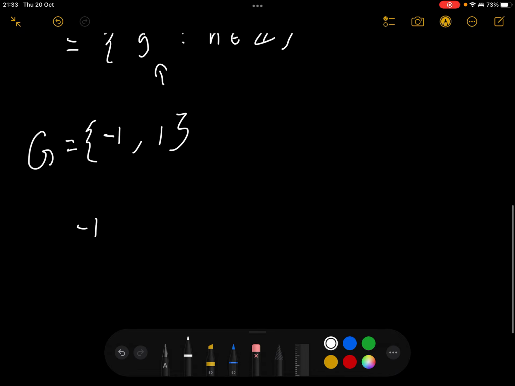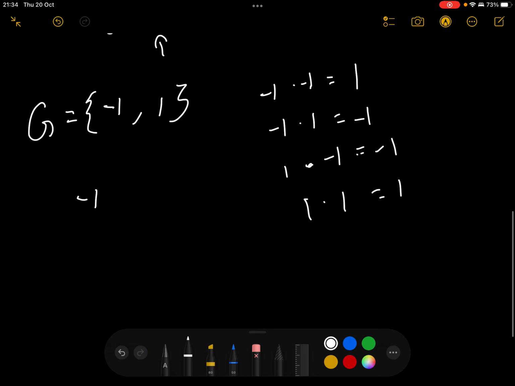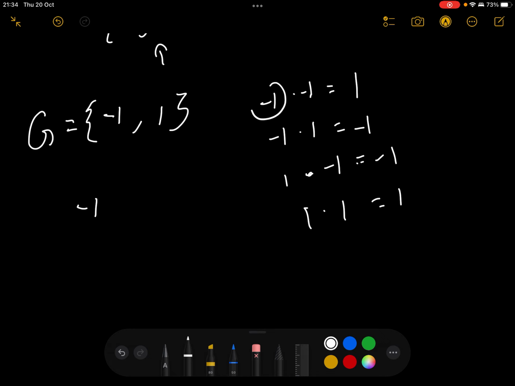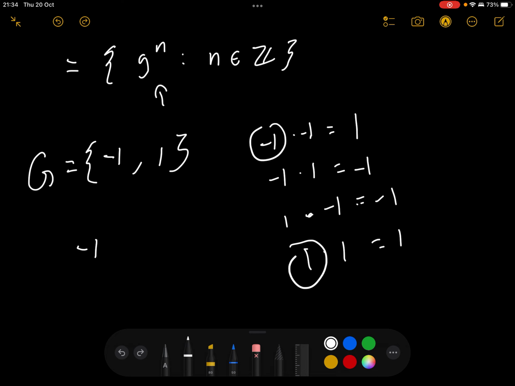because it's closed. -1 times -1 is 1, which is in the group. And we have inverses. Each is its own inverse, if you notice, and yeah, so this is a group.